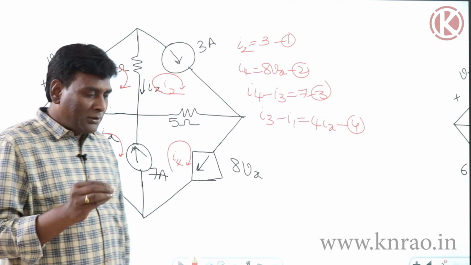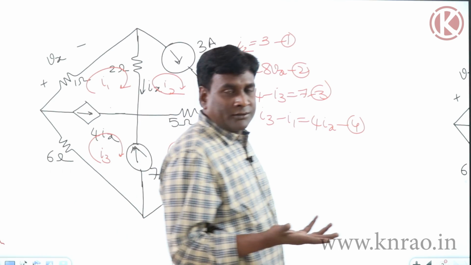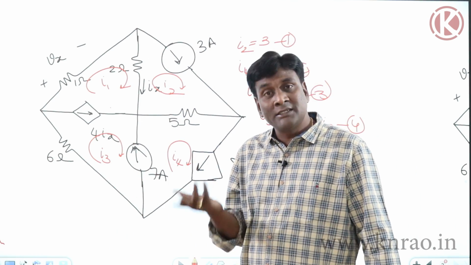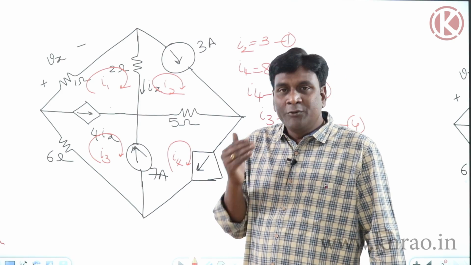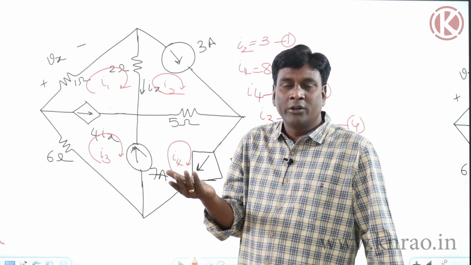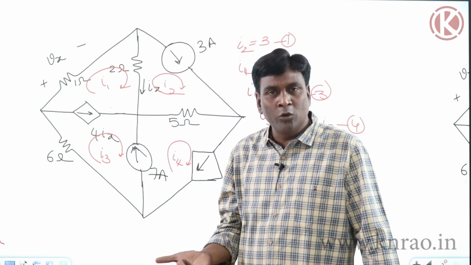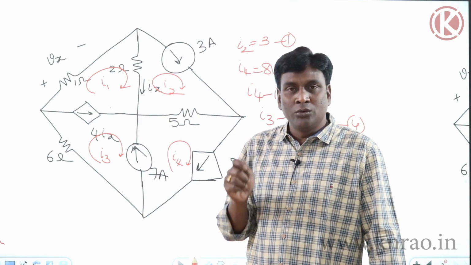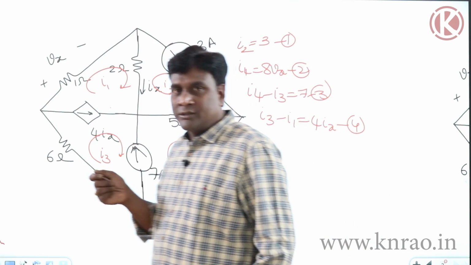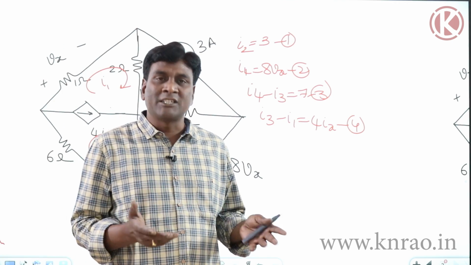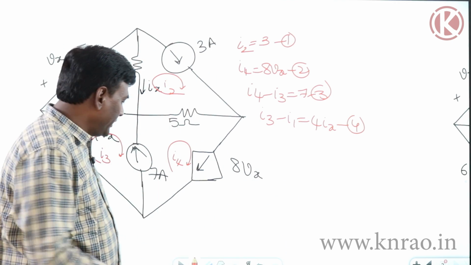If you have more and more current sources, then application of mesh analysis would be better. If you have more and more voltage sources, more supernodes can be formed and KCL need not be applied so many times, so nodal would be better. If you have more and more current sources, mesh would be better for the time being.